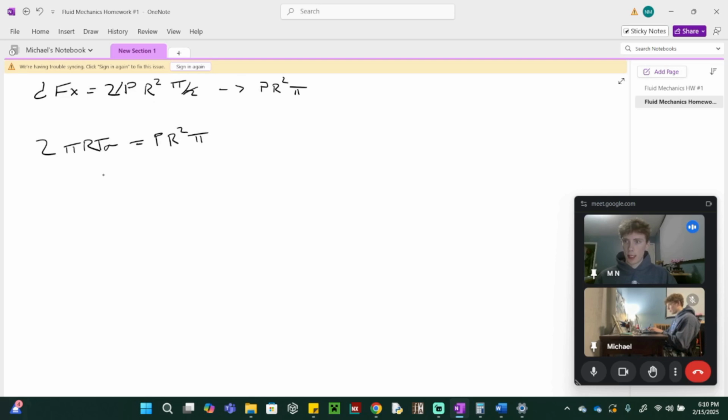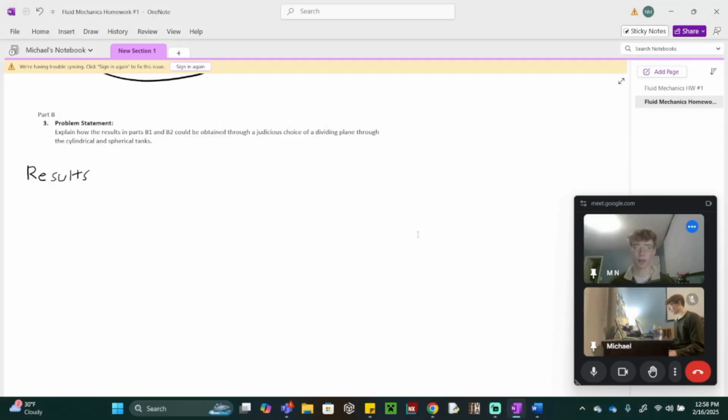And now we solve for t. So t equals, the pi's cancel out, one of the r's cancels out, so we get p r divided by 2 sigma. And this is our expression for a spherical tank.